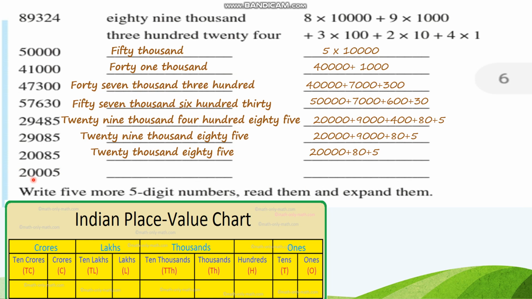It is 20,005, because the thousands place, hundreds place, and tens place, all these three places are 0. So the number we can read as 20,005. And how to expand? Yes, it is 20,000 plus 5. This is the expansion.